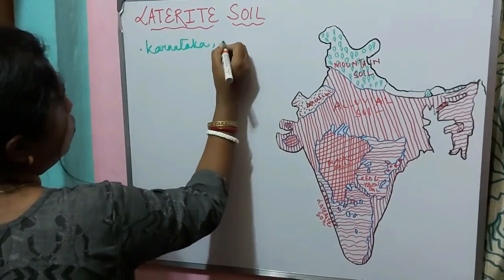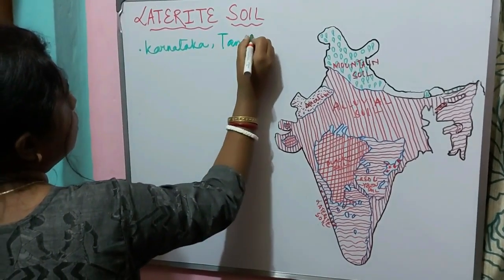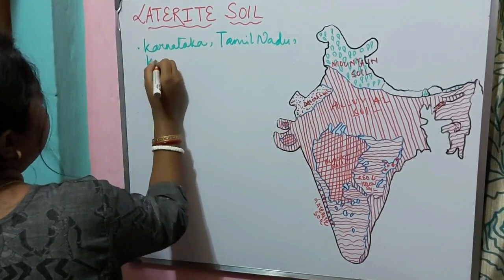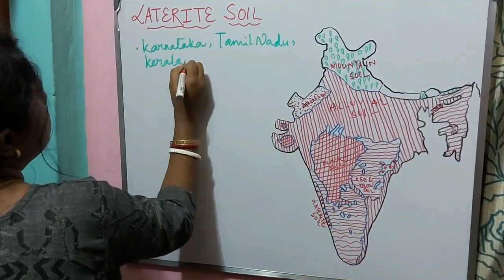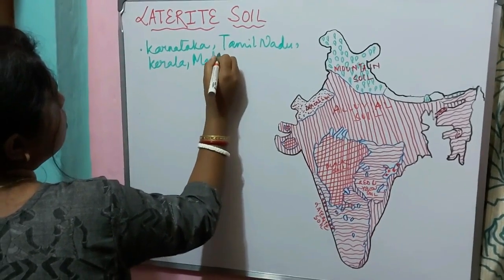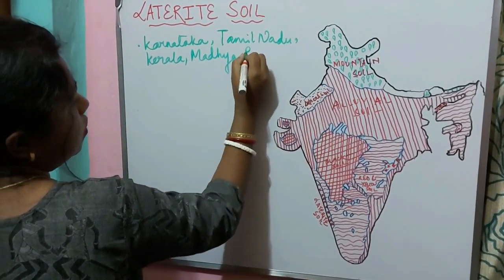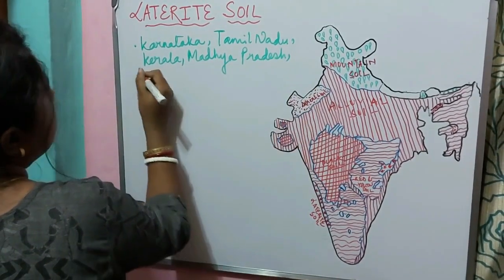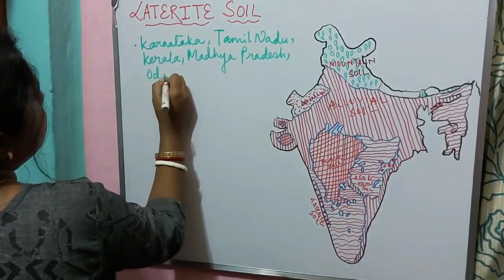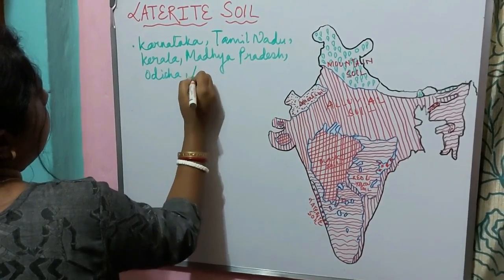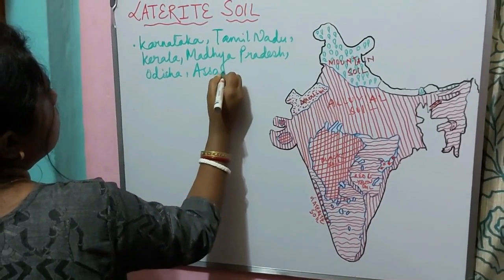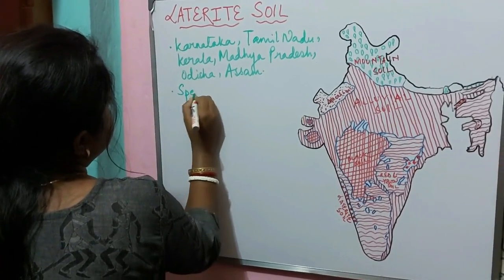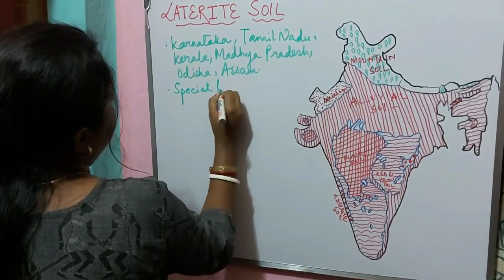It is also found in Tamil Nadu, Kerala, Madhya Pradesh, Orissa and Assam. Special features of this soil.